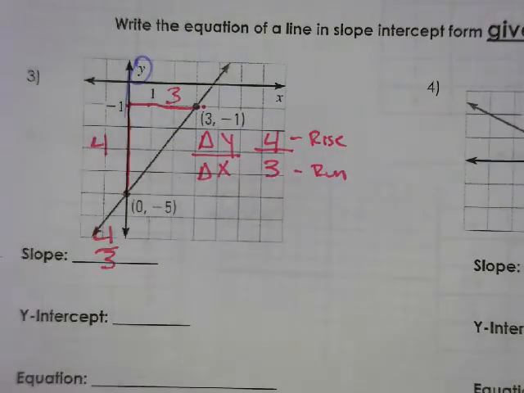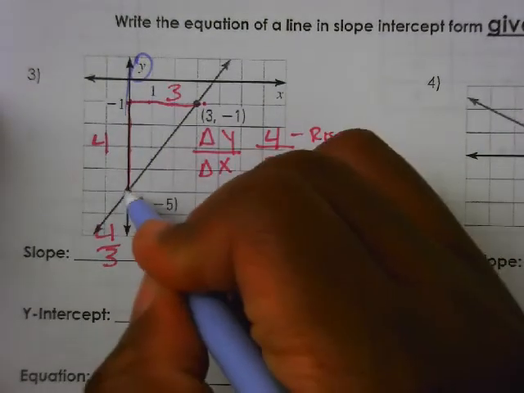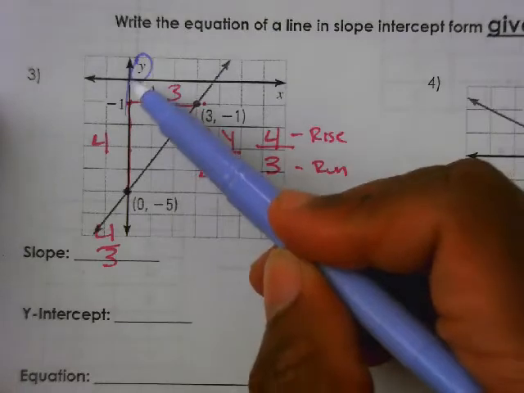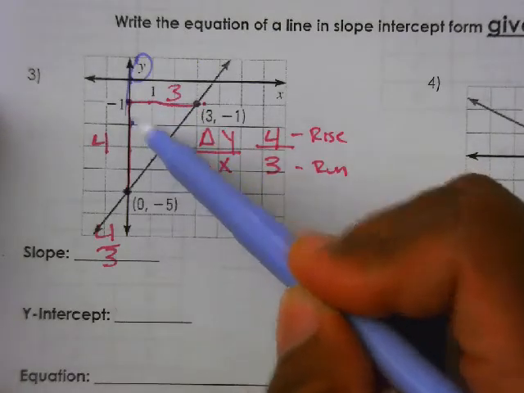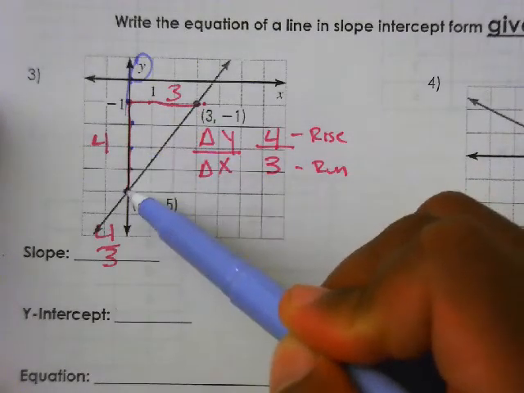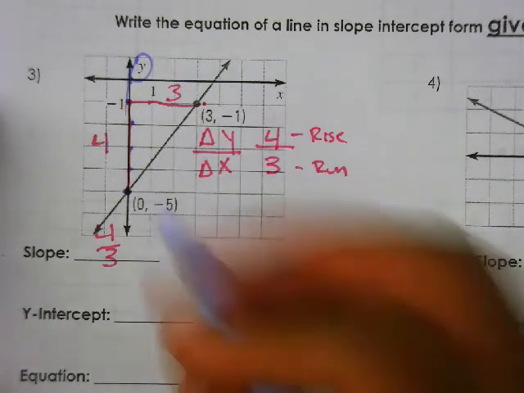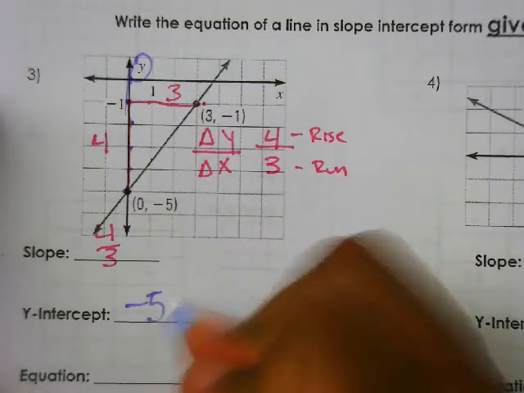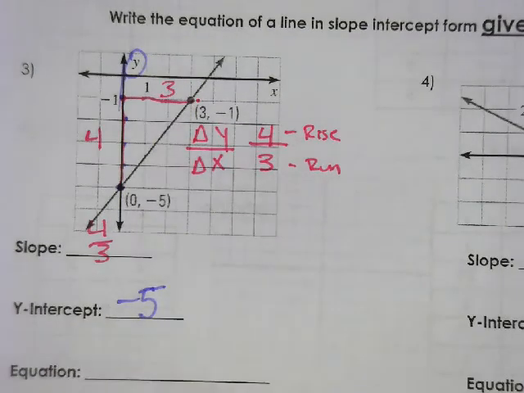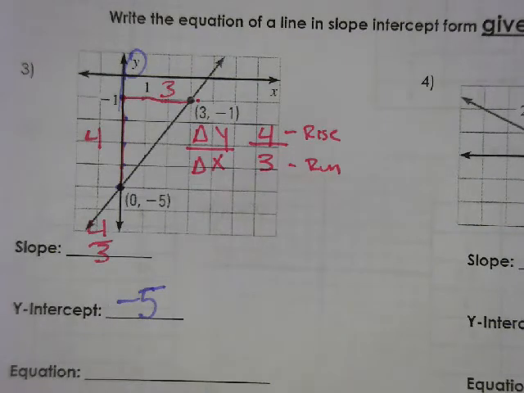Counting 0, -1, -2, -3, -4, and -5, it crosses the y-axis at -5. So to find the y-intercept, you just figure out where the line crosses the y-axis. It crosses at -5.